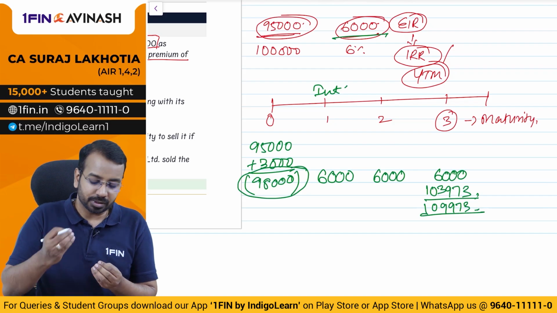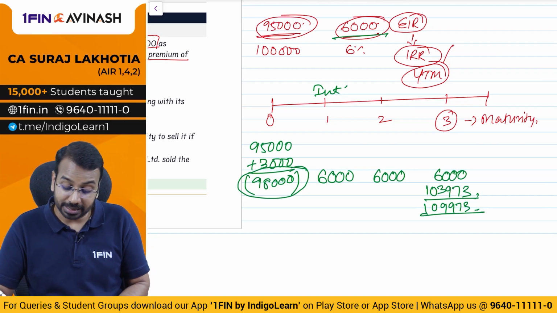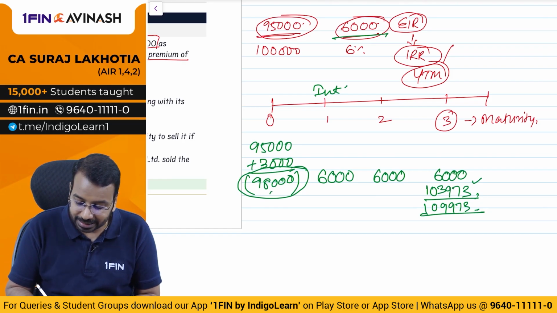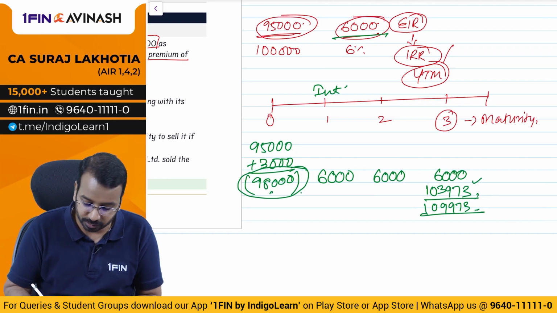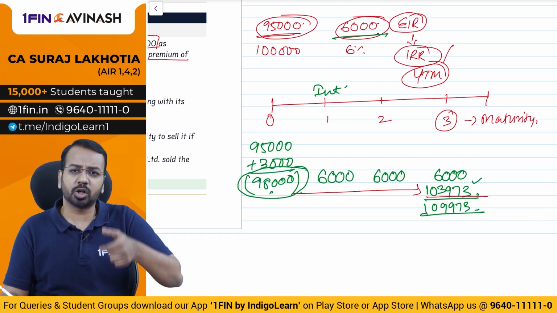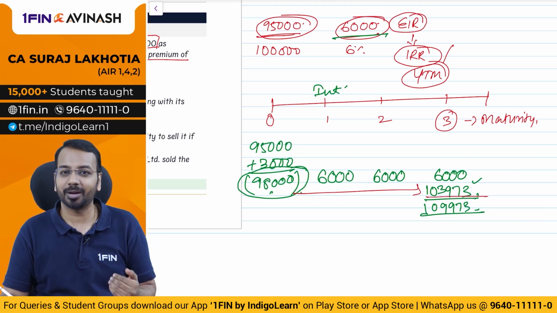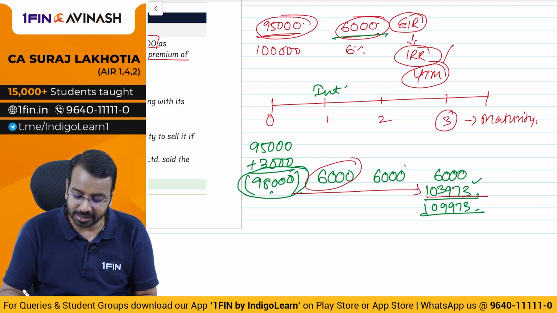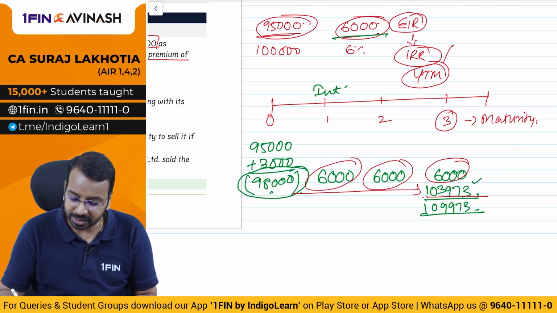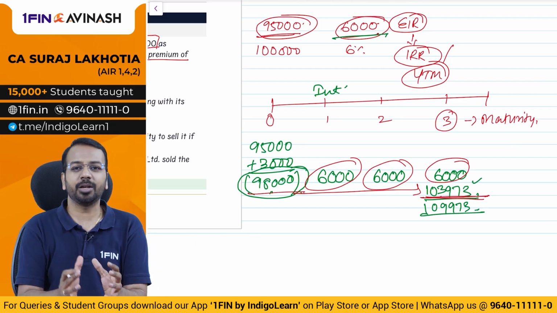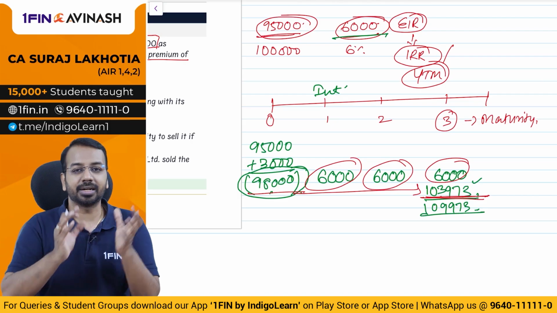So see, I invested 98,000. Every year I got 6,000, 6,000, 6,000, and also at the end I got 1,03,973. So instead of 98,000 what I have invested, I got 103,973. Is this also not my income? This is also my income. So when we account for these financial assets, not only this 6,000 of income, this extra amount that you have received, not only 3,973, 98,000 minus 103,973, everything put together we say is our interest income.